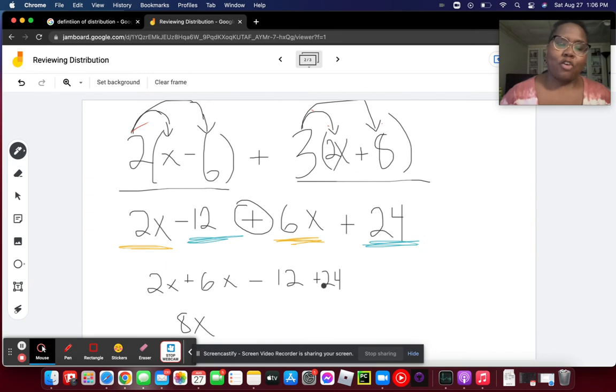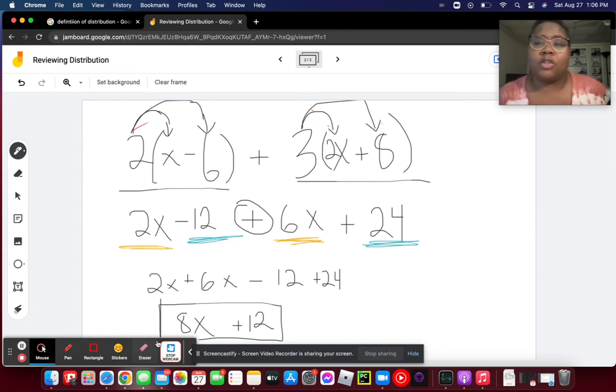So negative 12 plus 24. Well, negative 12 plus 12 will take me to 0, and then there'll be 12 more in the positive direction. So 8x plus 12 is the simplified expression for 2 times x minus 6 plus 3 times 2x plus 8.